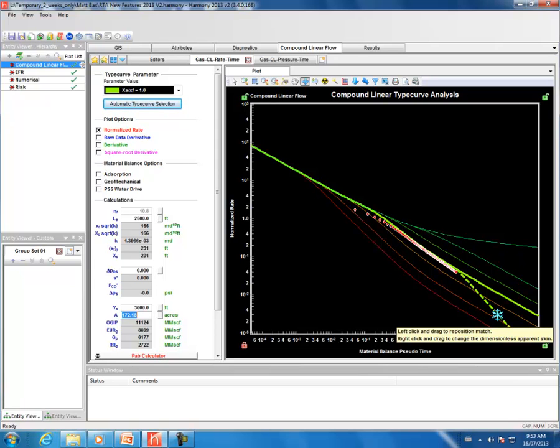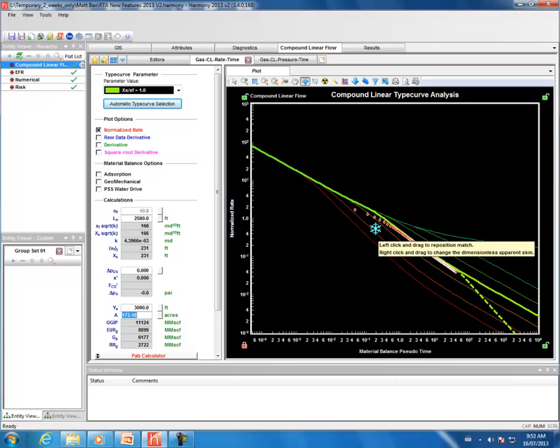This type curve also has the ability to account for the presence of skin. Skin will be visible in the early time data and can be identified by the data not lining up on the chosen type curve. Right-clicking and dragging up and down allows you to drag the data to fit on the type curve, thus accounting for skin.